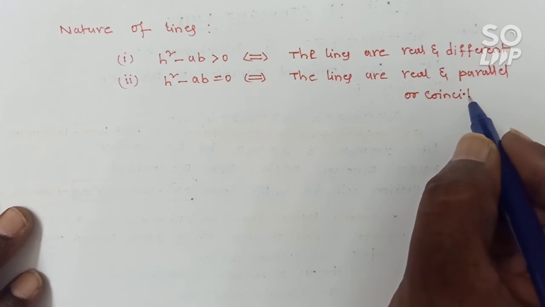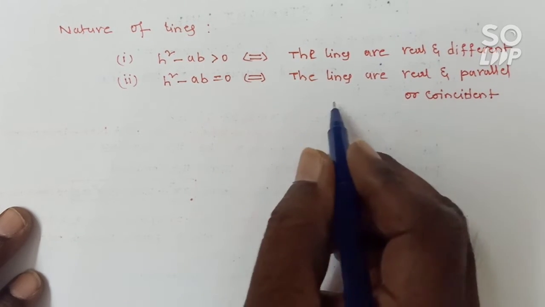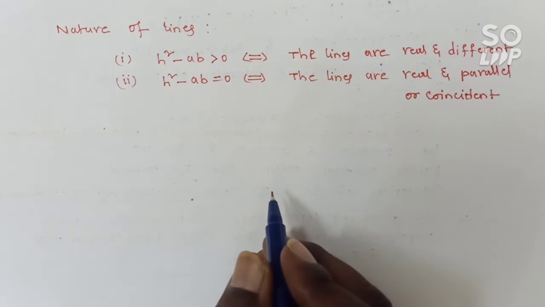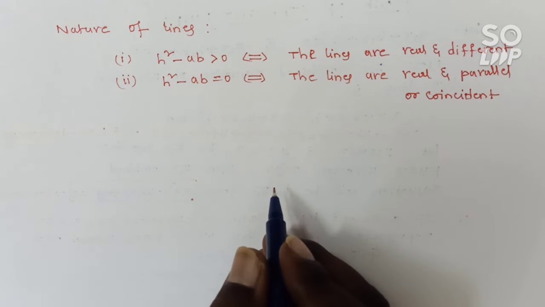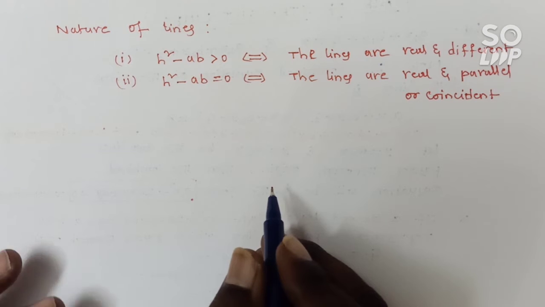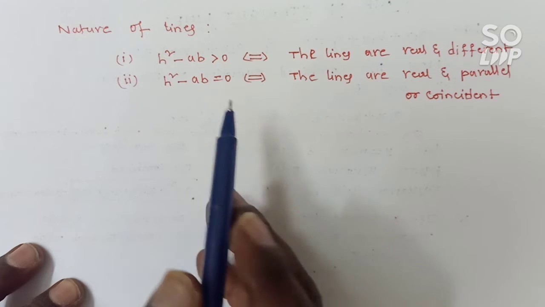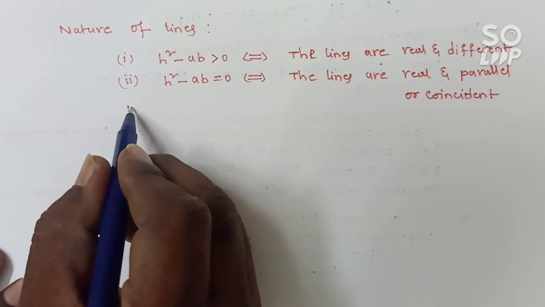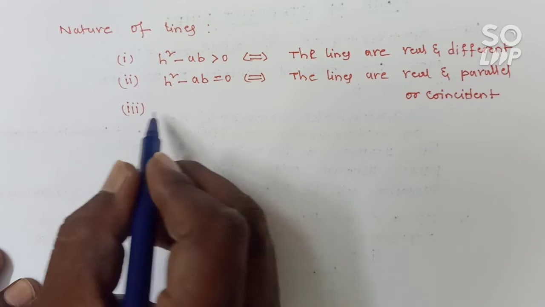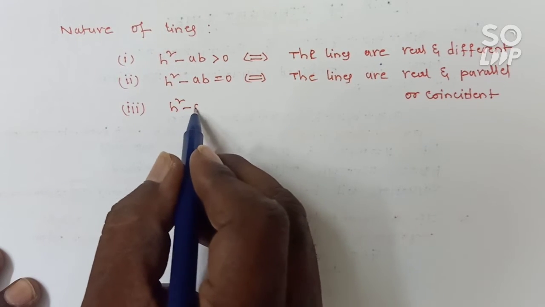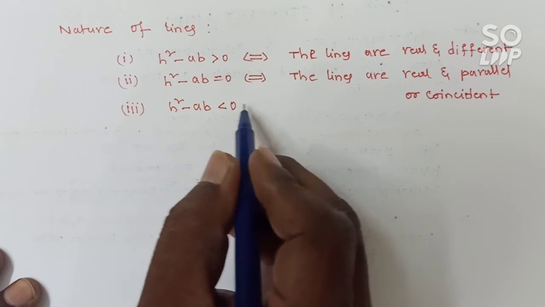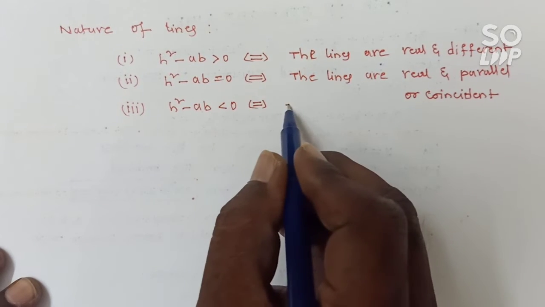See, here parallel lines are also nothing but real lines, but all the real lines need not be parallel. You remember, any second degree non-homogeneous equation will represent real lines means you have to take the two conditions, h square minus ab greater than or equals to 0, and the third condition, h square minus ab less than 0 if and only if the lines are imaginary.